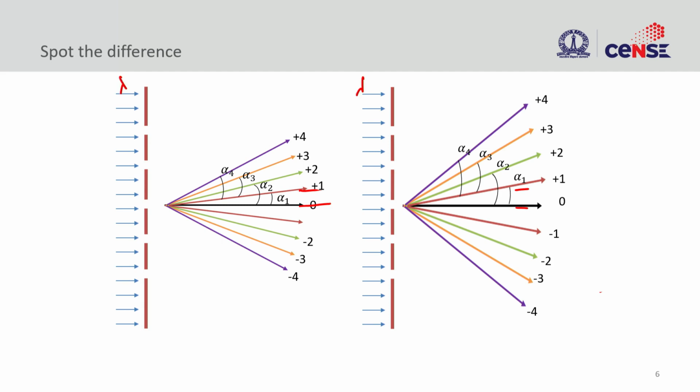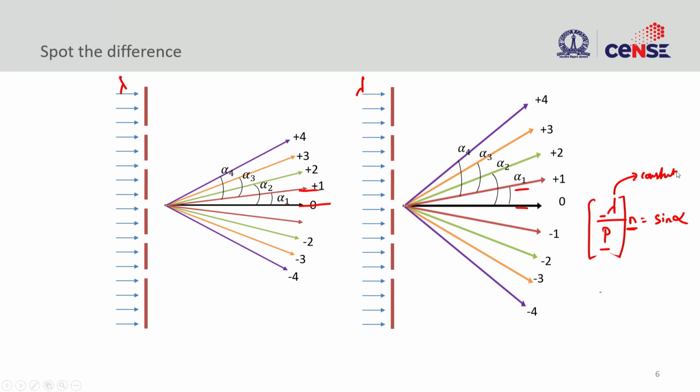We know that the diffraction angle depends on lambda, n, the integer, and p, the pitch. Only these two dictate, and the rest is a constant.